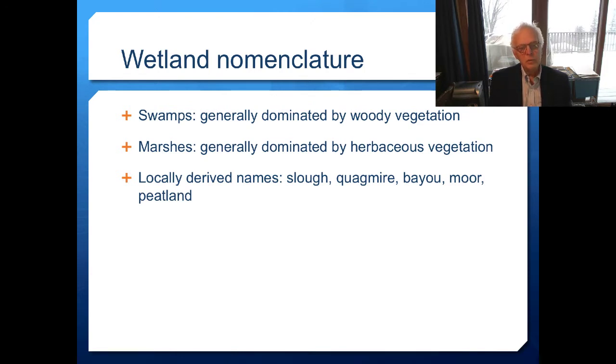And then there are all kinds of locally derived names. Where I grew up, we often called them sloughs. Other places we called them quagmires. Down in the south in Louisiana, some call them bayous. In England, they'll be called moors. And then peatlands are, as I said, distributed across northern climates.